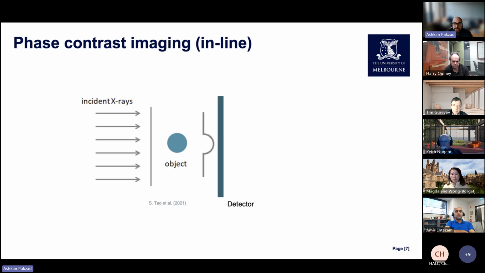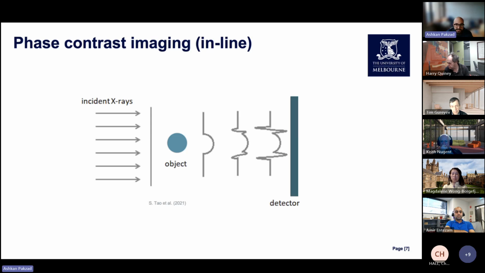Now, at the synchrotron, when we have coherent X-rays at a single frequency, we can push the detector out and we can record the phase of the X-rays as well, so that the shift of the X-rays due to refraction as well as absorption. So we now have an image based on the contrast of absorption and refraction of the object.